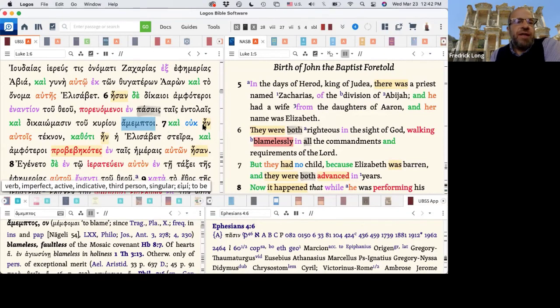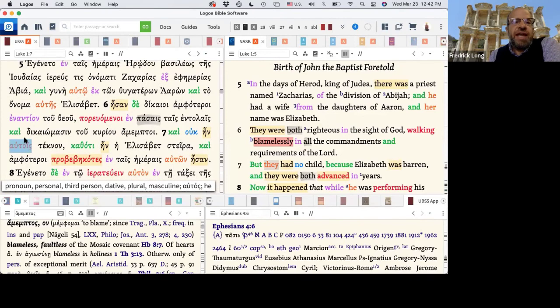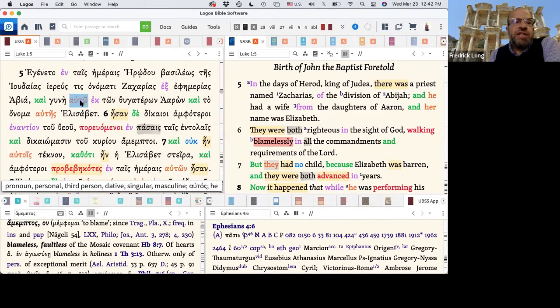And they were, kai ouk en autois teknon, and there was no child to them. They had no child. And for them, there was no child. So Luke is really showing some interesting uses of the dative. You have a dative of possession, his wife, the wife to him. And in my Koine Greek grammar, I try to tease out the difference between that and the genitive of possession. I think the dative of possession indicates more personal interest, which is in keeping with the dative case.